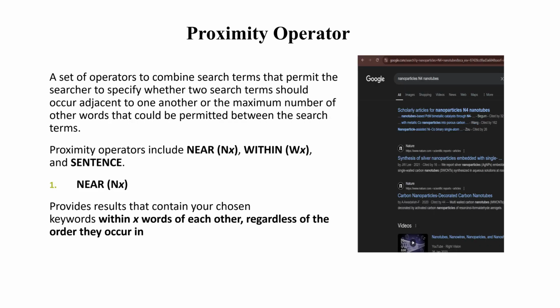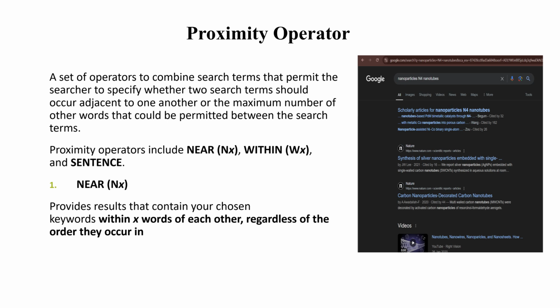Next, proximity operator. To show the proximity operator, I am showing you a screenshot of Google. Here I have used search terms nanoparticles and nanotubes, but in between these two terms, I have used an operator called NEAR. My dear friends, there are a few proximity operators which are well known and heavily used while searching various databases.